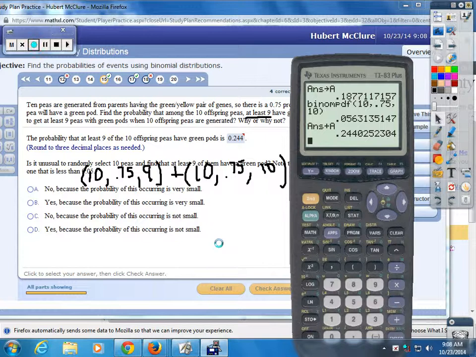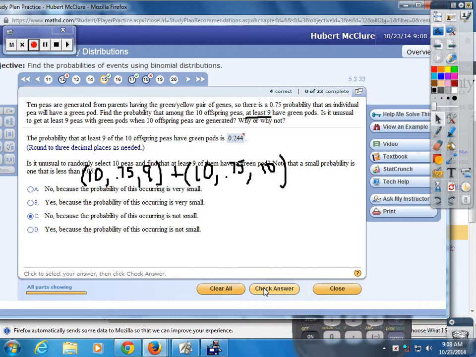So you would say, no, it's not unusual, because this occurring is not small. The unusual questions are okay because all you got to do is compare your answer to 5%. If it's less than 5%, then it's unusual. If it's more than 5%, then it dips into the 2 standard deviations, and that means it's normal.